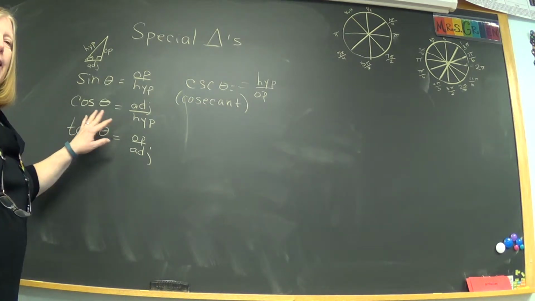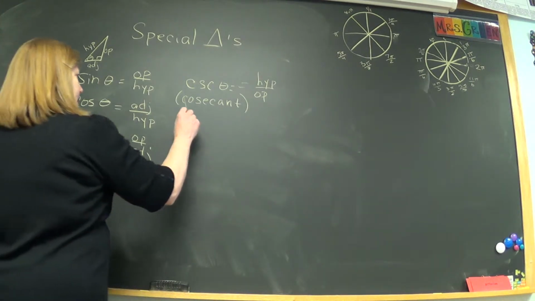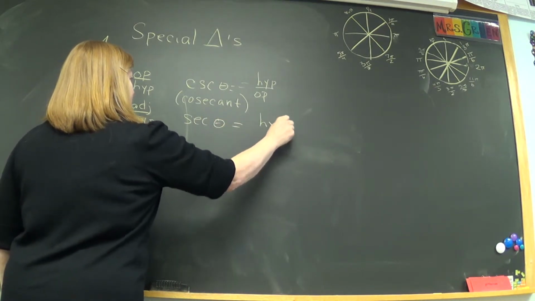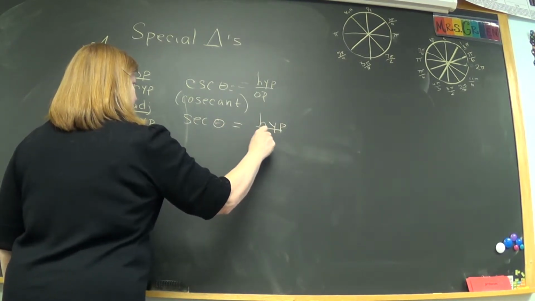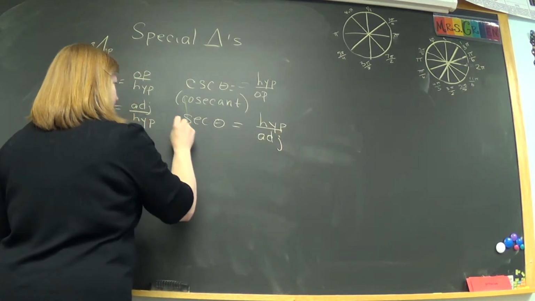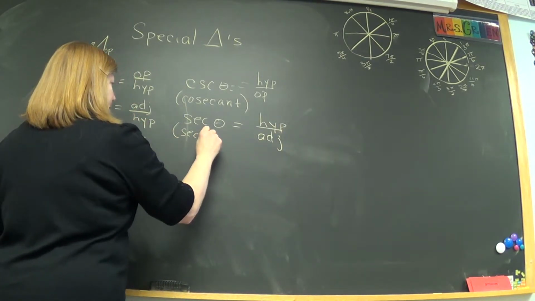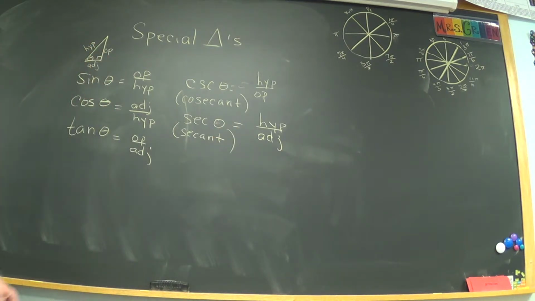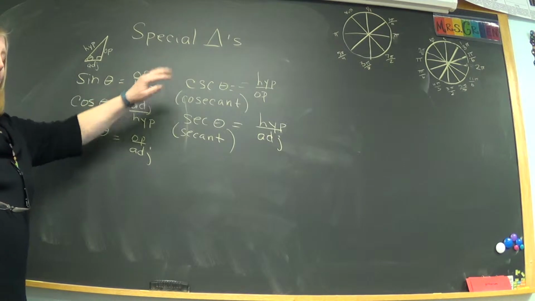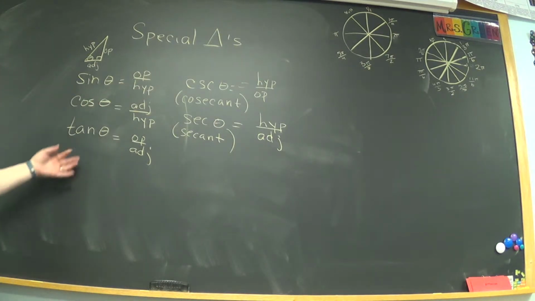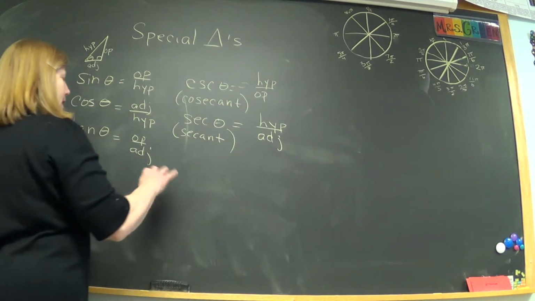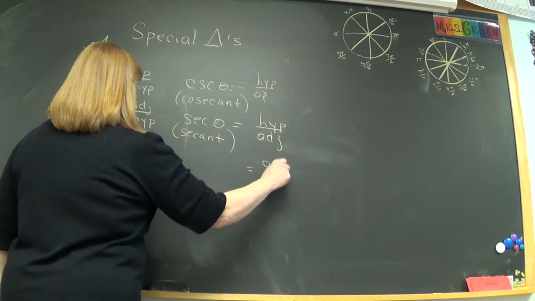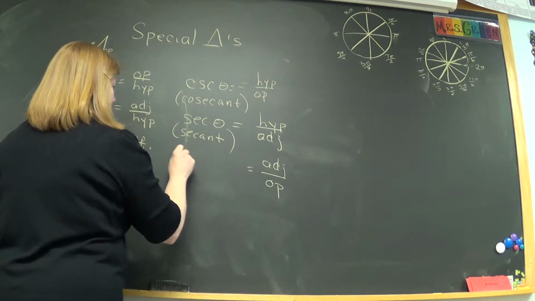Cosine also has a reciprocal, and its name is secant. And it is hypotenuse over adjacent. I'll write out its name just this once, secant. This is the harder one to remember, CSC, and how it is spoken. And then the reciprocal of tangent, which is adjacent over opposite, is cotangent.